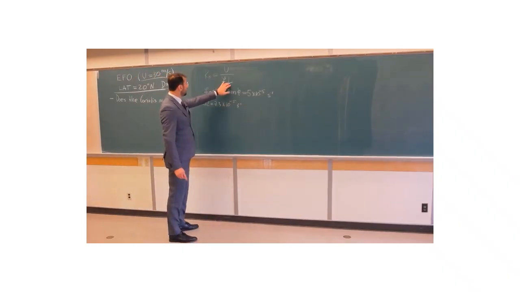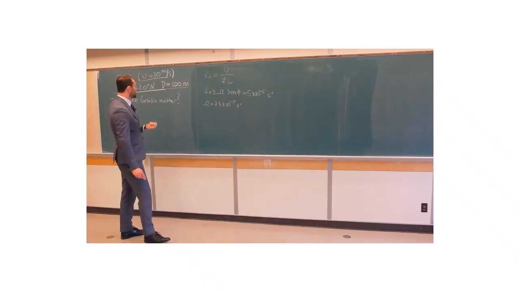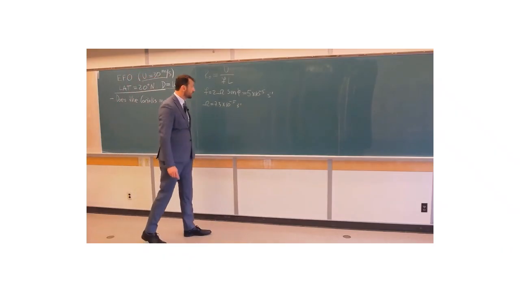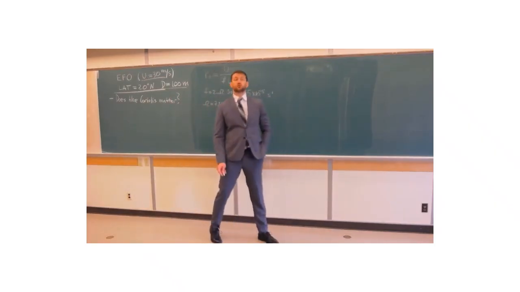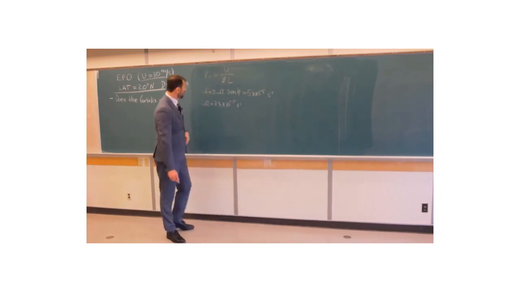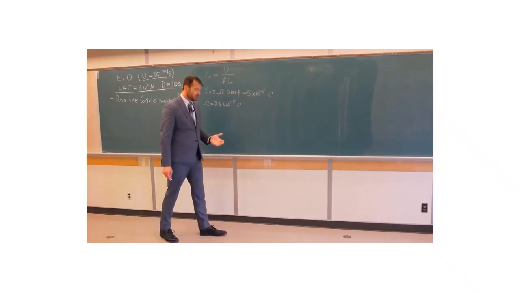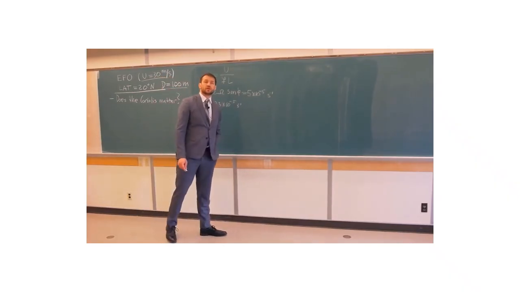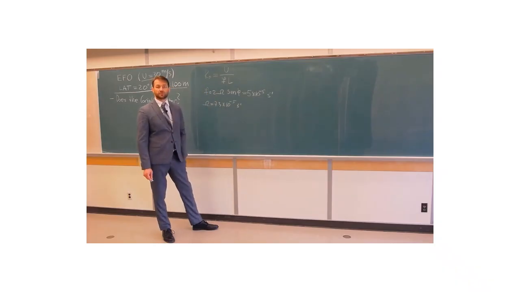The characteristic length of this tornado is the diameter, 100 meters, and the characteristic velocity is 30 meters per second. So before we plug in numbers, what do we need to know? Well, we need to know that the Rossby number represents the ratio of the inertial forces and the Coriolis force.